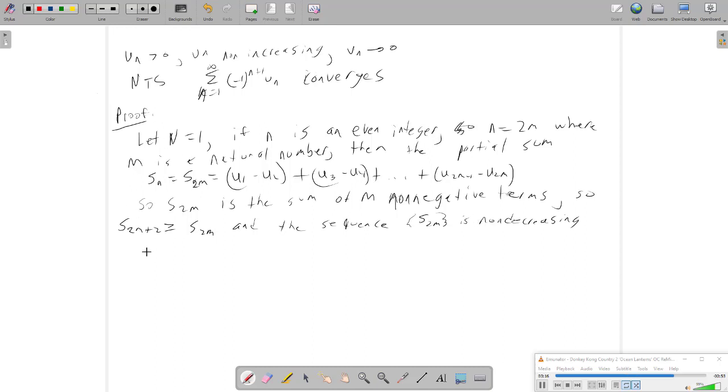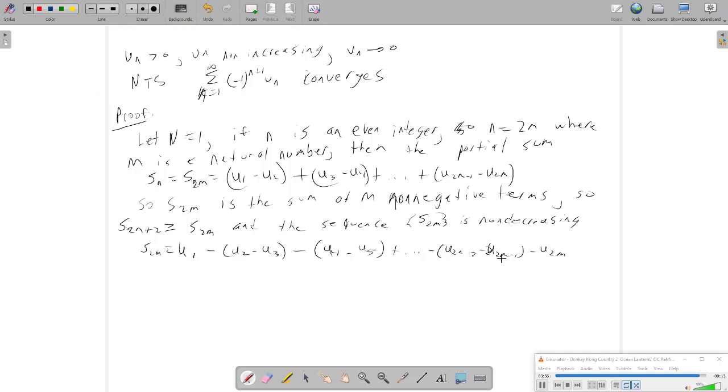If we reorder these terms, s sub 2m, and leave the first term alone, but then group everything else, so u1 minus u2 minus u3, that's a non-negative term, minus u4 minus u5, plus dot dot dot, minus u2m minus 2 minus u2m minus 1, then minus u sub 2m.